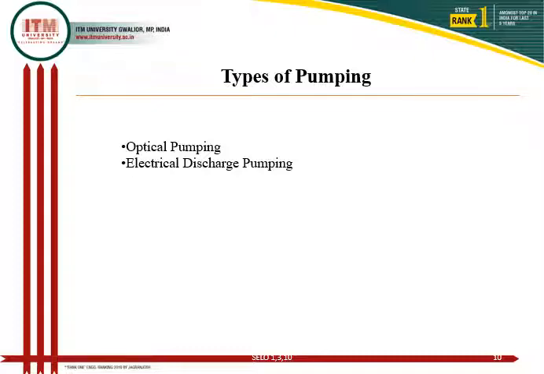Many other methods may be used for dye lasers, but these two methods are dominant. The details of these pumping methods will be discussed when we talk about gas lasers and solid lasers.